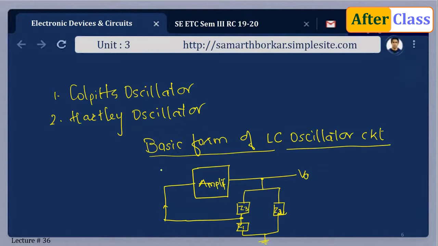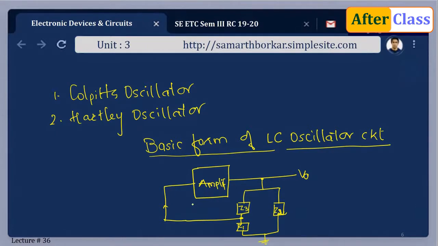Now the amplifier output feeds the network consisting of impedances Z1, Z2 and Z3, and this is the active device. Here in this course, electronic devices and circuits, we are going to use a transistor as an amplifier, but this particular circuit can be realized using an op-amp or FET circuit.